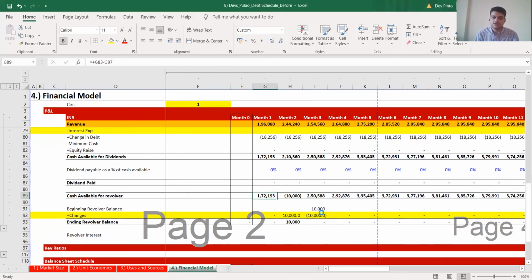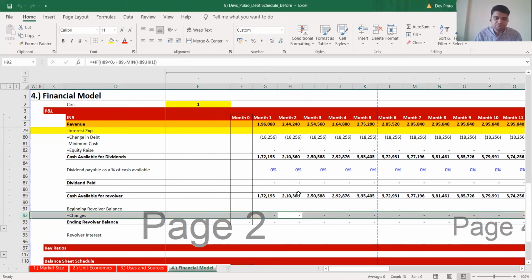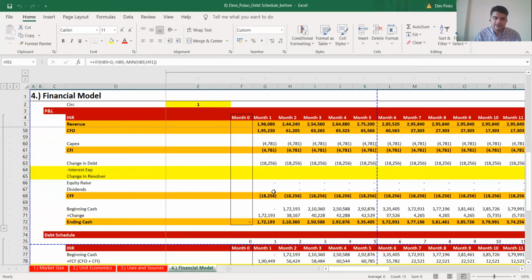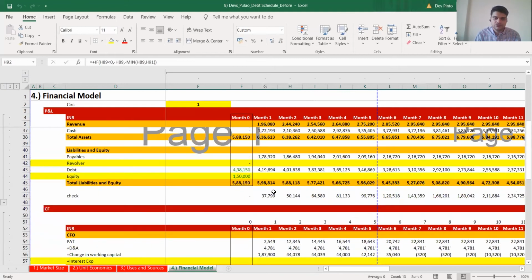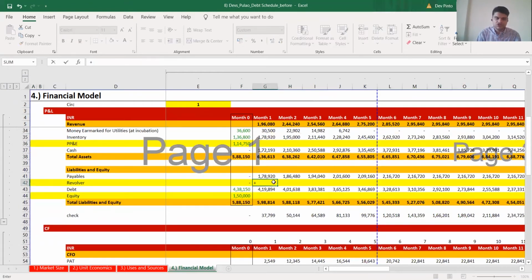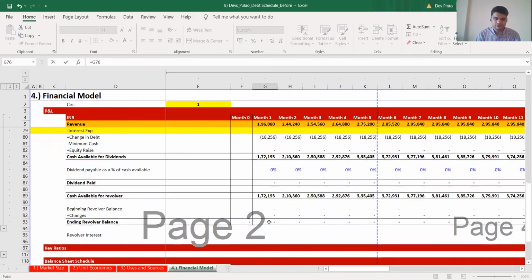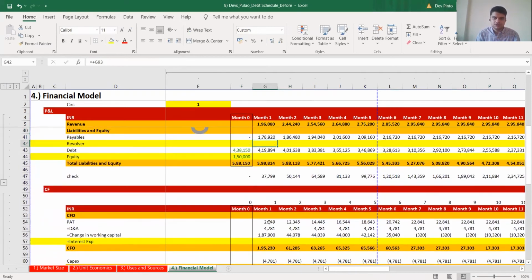So let's just link this, right? Let's link the revolver balance to the balance sheet. Okay.